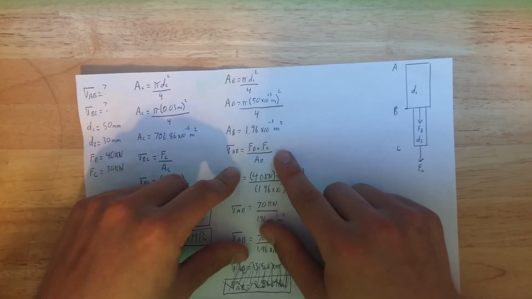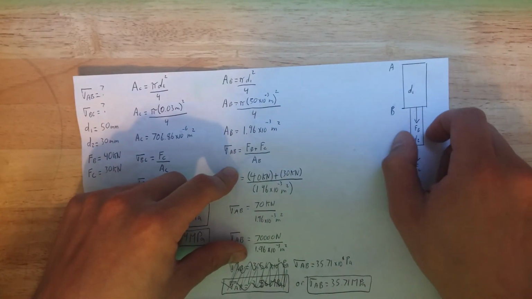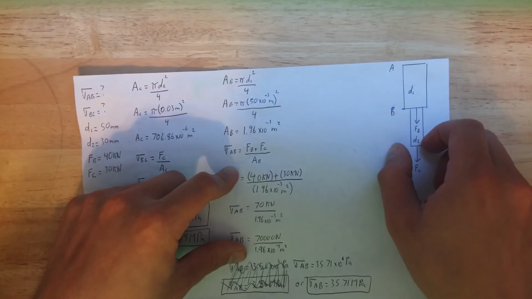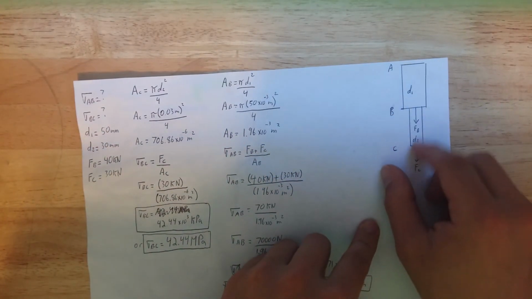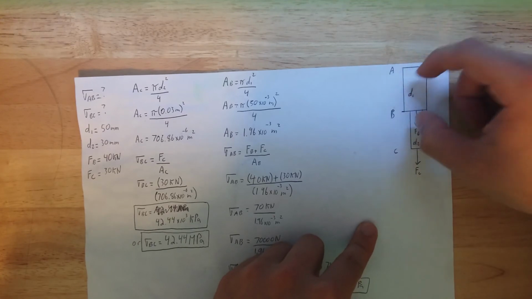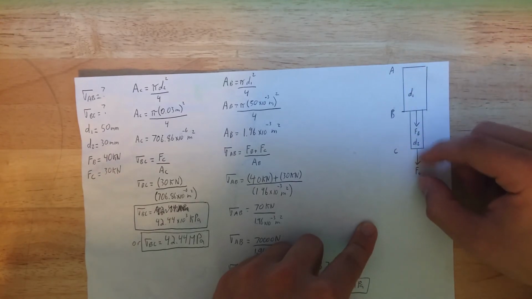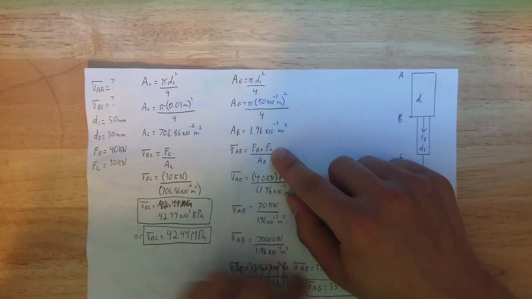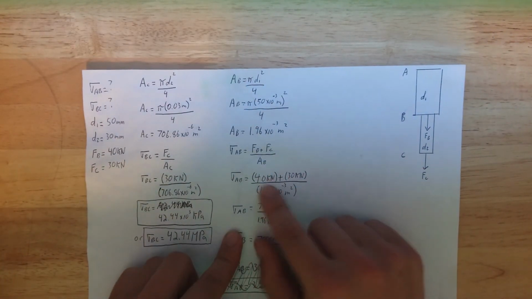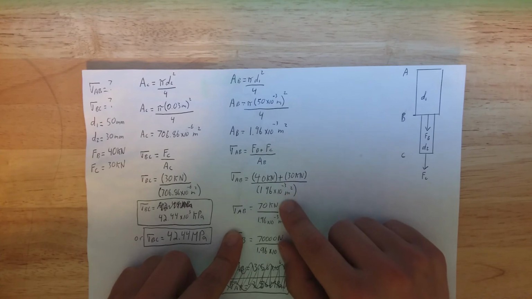So on this section here, like I said previously, at C we're pulling down here, and then we're also pulling up here. So there's two forces acting on this section. This section there's one, and this section there's two. So we have to add these forces together. So 40 kilonewtons plus 30 kilonewtons is 70 kilonewtons.